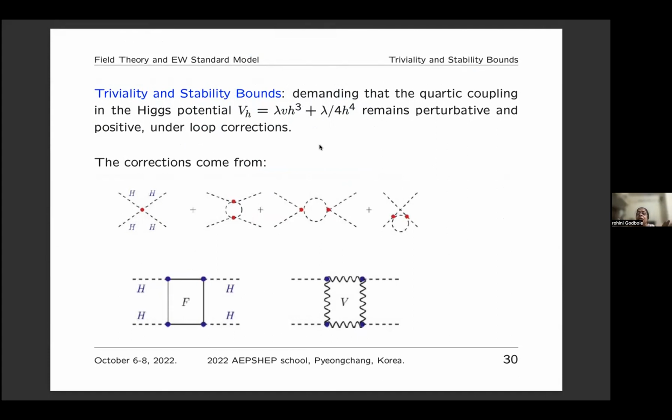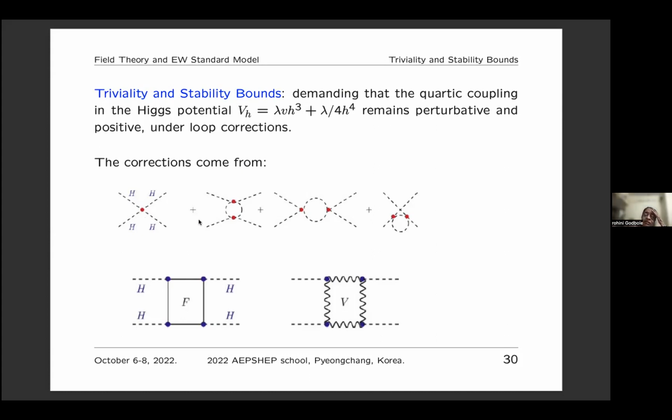Now, this is a very mild theoretical demand. Since the mass of the Higgs is related to lambda, lambda should remain positive and lambda should be small, because otherwise this theory will become strongly interacting and we can't even do perturbative calculations.